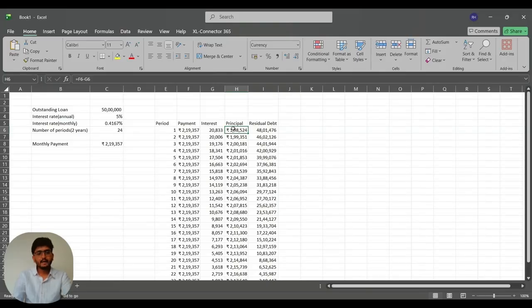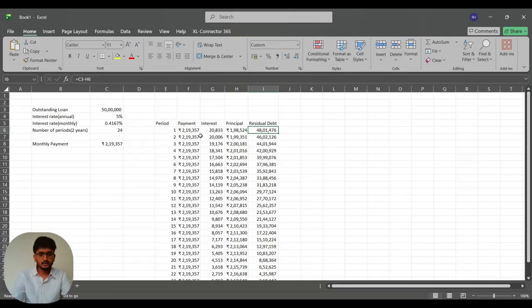When we subtract interest from the payment, the principal amount we get is 1,98,524 rupees. Subtracting that from the outstanding loan, the remaining amount is 48,01,476.